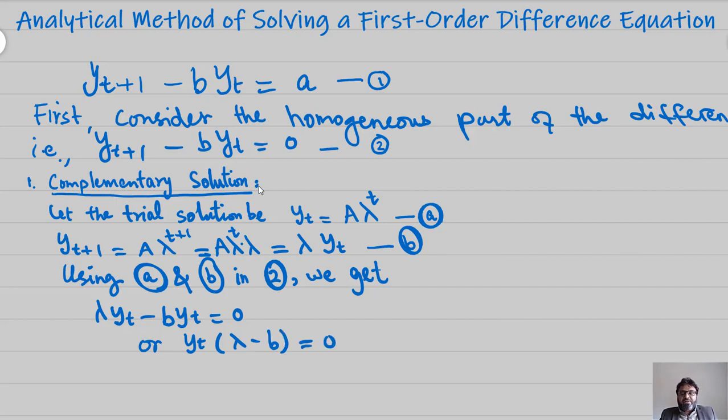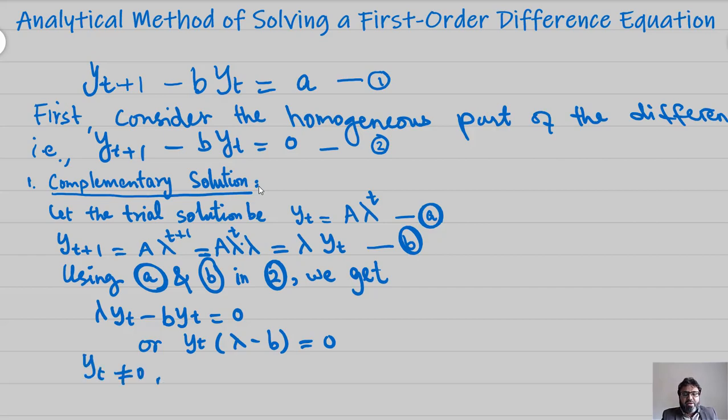Note that this equation says that the product of y_t and (lambda minus b) equals 0. So this would be true only if either y_t is 0 or lambda minus b is equal to 0. However, y_t cannot be 0. If it is, then we would not have any dynamical system.